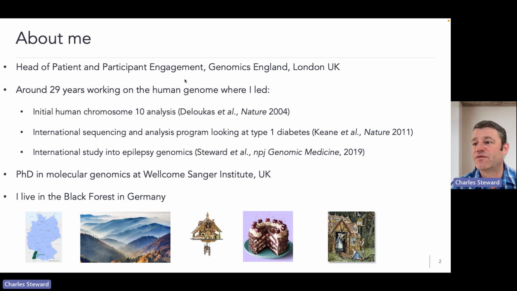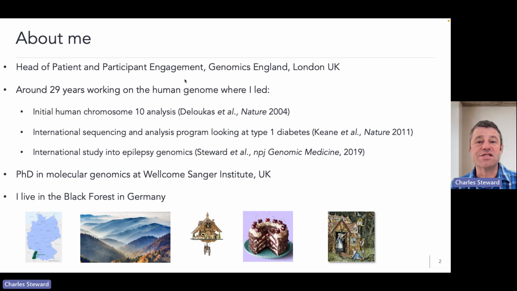Then, for personal circumstances, which I'll tell you about in the next slide, I started to look at genes specifically involved in neurological disorders, such as epilepsy. More recently, I'm beginning to look at genes involved with cerebral palsy. I did my PhD at the Sanger Institute, and Sanger is most famous for generating around a third of the human genome, the largest proportion of the human genome by any institute.